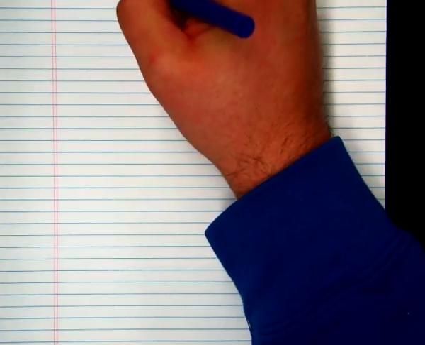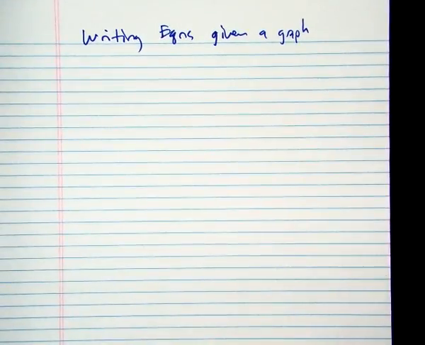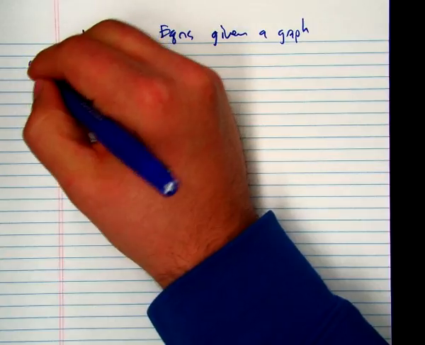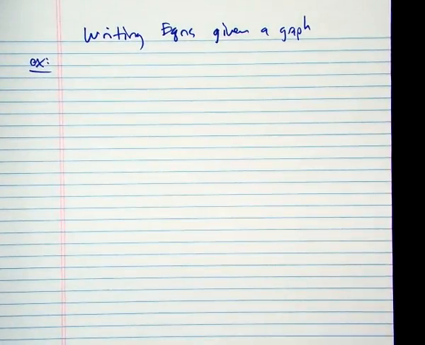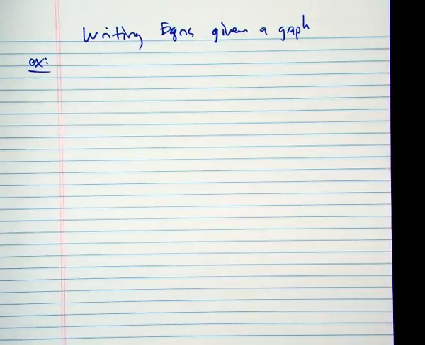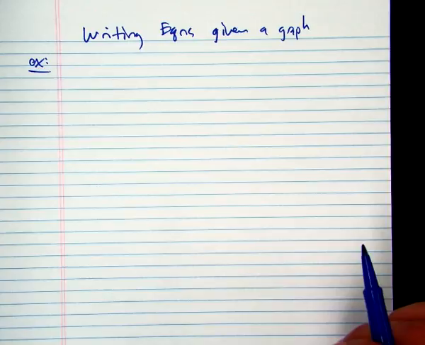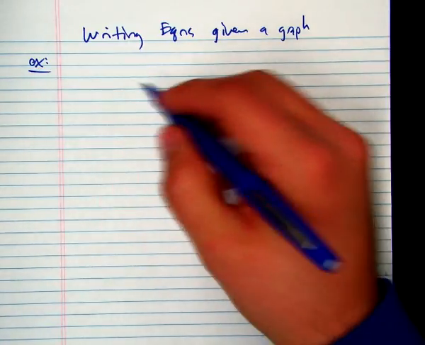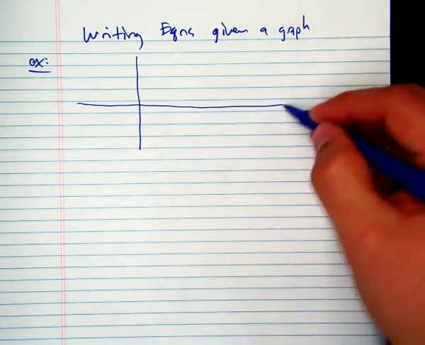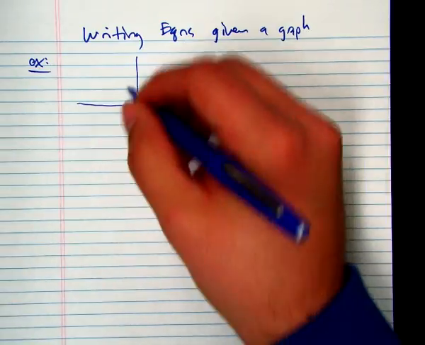So let's just get right to this last problem then. And this is focusing on writing equations given a graph. So I'm going to draw a picture up here, and then we're going to talk about how you can find the equation for it. Okay? So my graph is going to start over here at negative pi over 2.